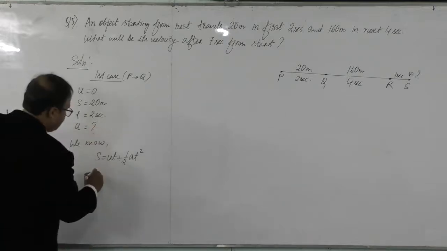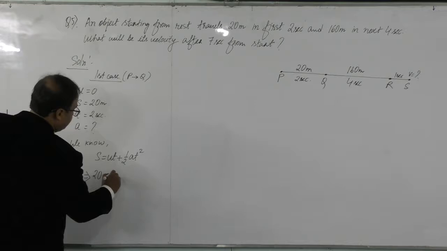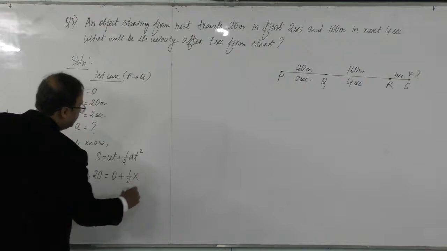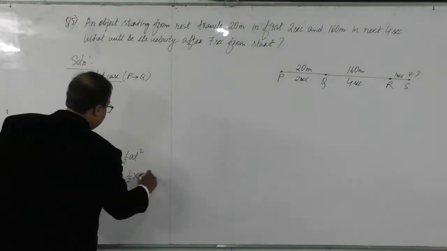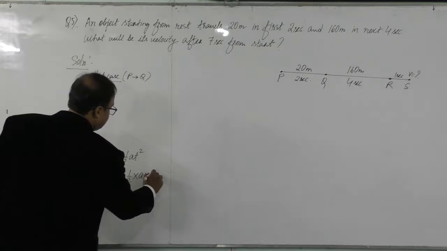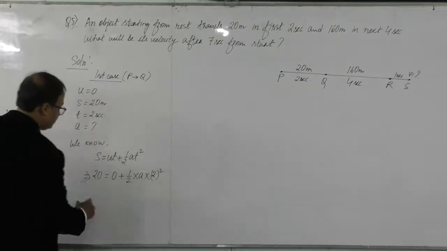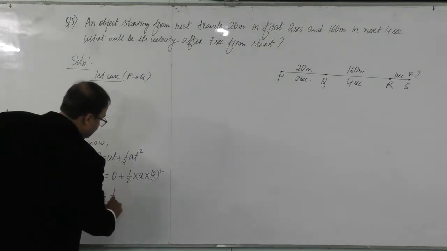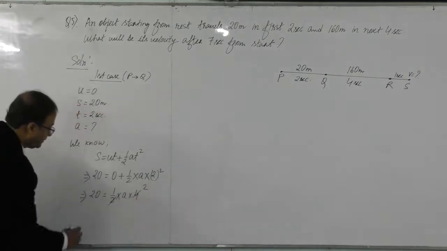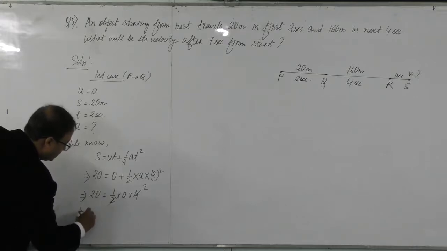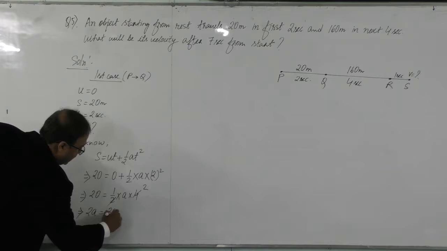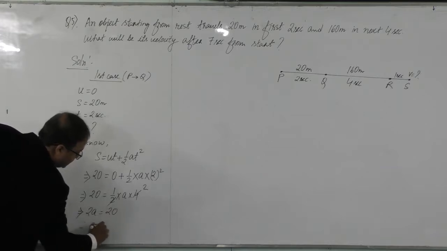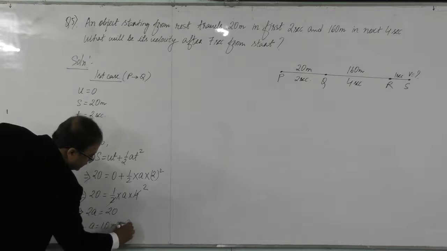So 20 equals 0 plus half into A into 2 square. So 20 equals 1 by 2 into A into 4. We cancel, we get 2A equals 20. Therefore, acceleration is equal to 10 meter per second square.